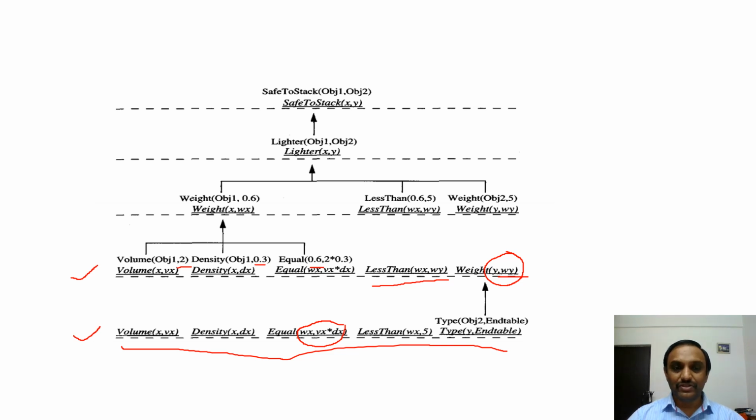Next step. The weight of object 1 we got. Similarly, we have taken the weight of object 2 also. Then we are performing the less than operation, that is we are comparing those two, 0.6 comma 5, which leads to lighter of x comma y, lighter of object 1 comma object 2.